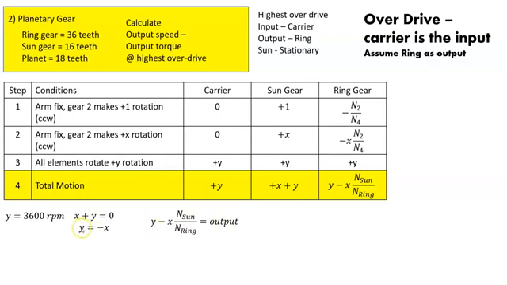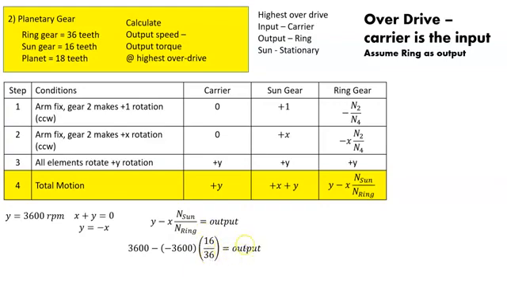Okay, so here's what we have. We've got two equations and two unknowns, but we can do a substitution. We do know the value of Y in this equation, and we also know that Y is equal to negative X. So we'll substitute that as 3600 minus, and since Y is negative X, negative 3600, times 16 teeth in the sun gear over 36 teeth in the ring gear.